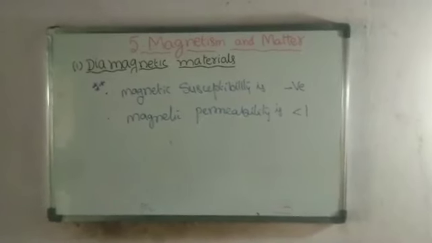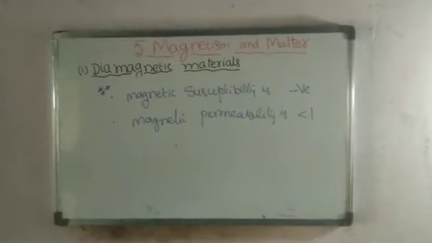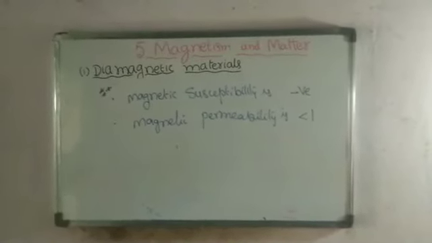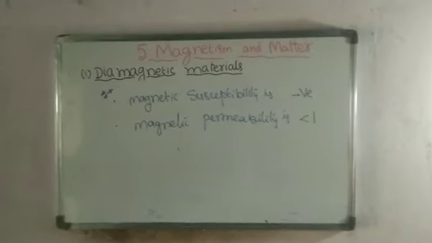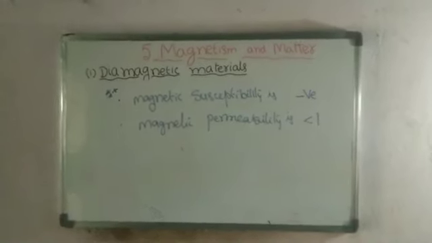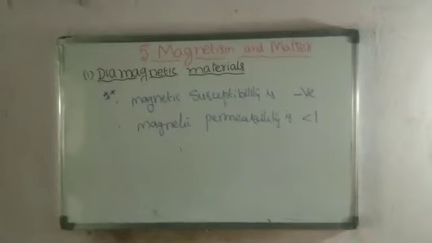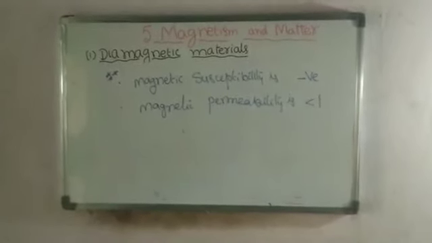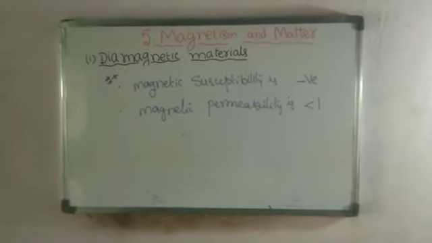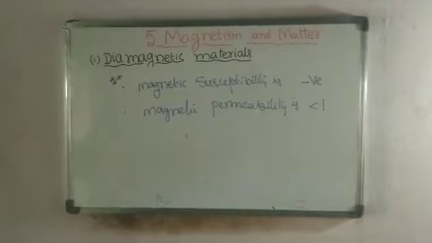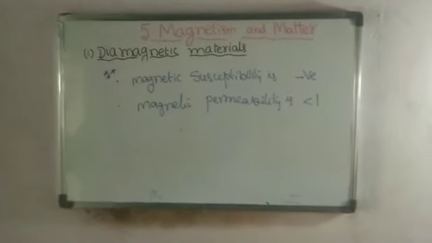Next, the field lines cannot pass through diamagnetic materials; they always move away from them. And finally, the magnetic susceptibility of diamagnetic materials is always negative, and the permeability is always less than 1.